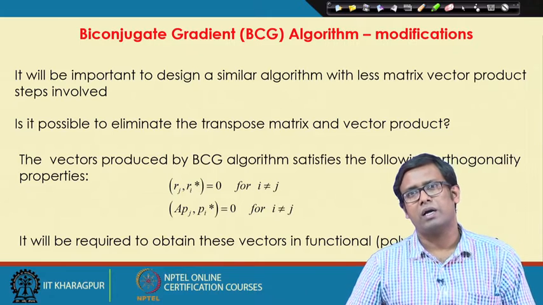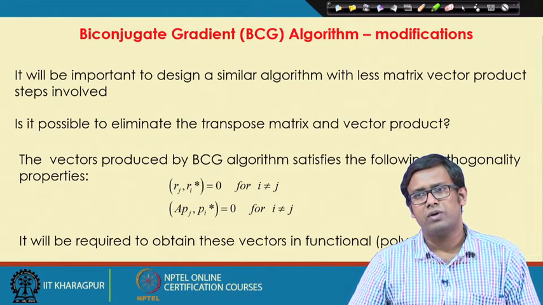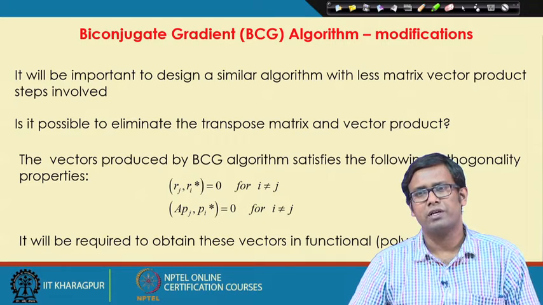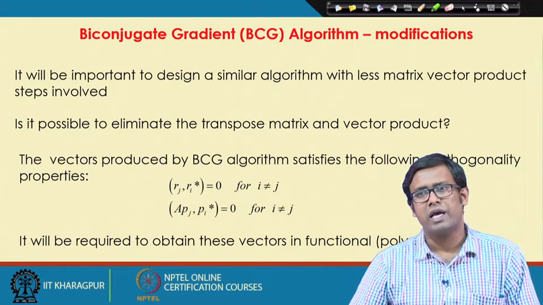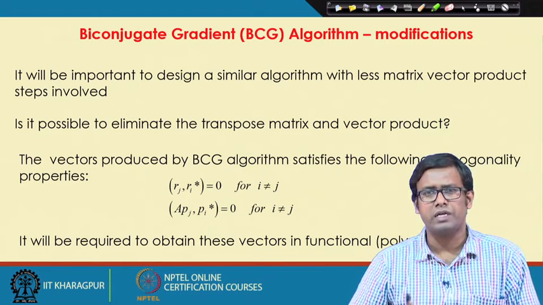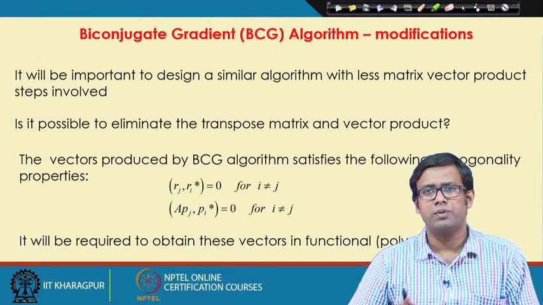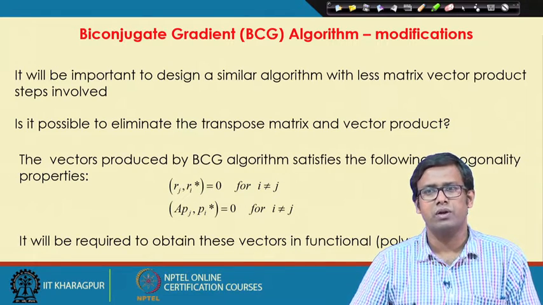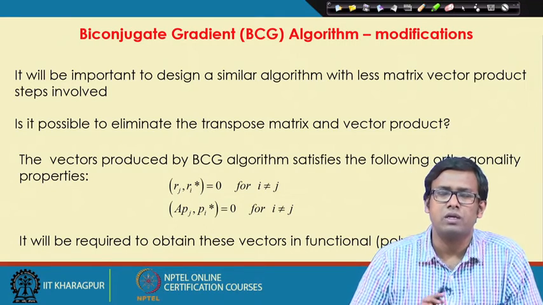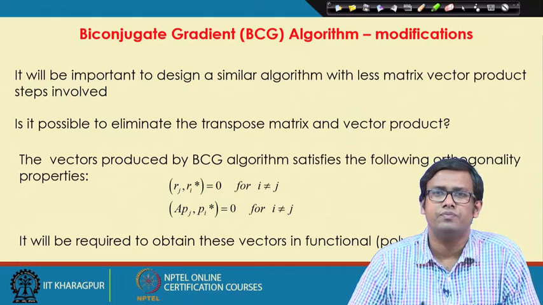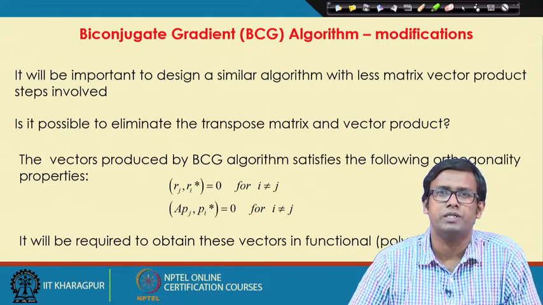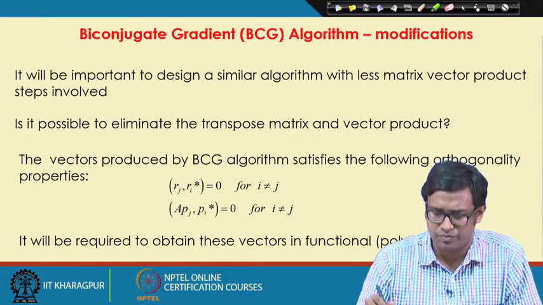So, the idea will be that instead of forming the vectors as a simple column vector, we will try to express these vectors in a polynomial form, and we will try to take the dot product and other operations in the polynomials only. So, that these polynomials are never explicitly formed, but only used as certain basis to create these vectors, so that we can avoid the computational complexities of the biconjugate gradient method.